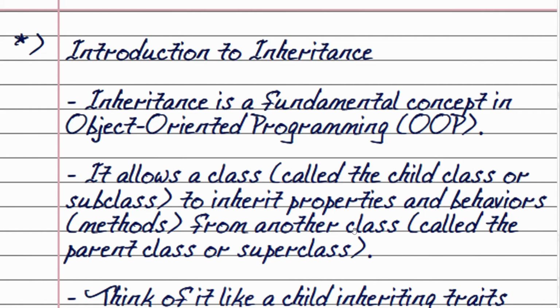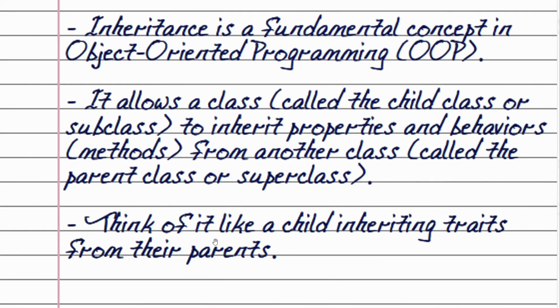Inheritance allows all the methods from the parent class to be inherited in the child class, and you can access all the properties of the parent class through the child class as well.